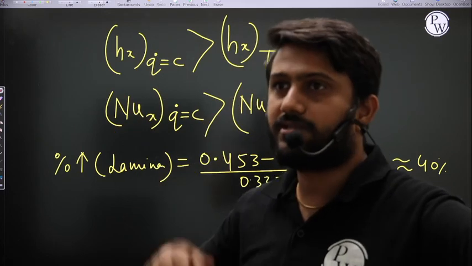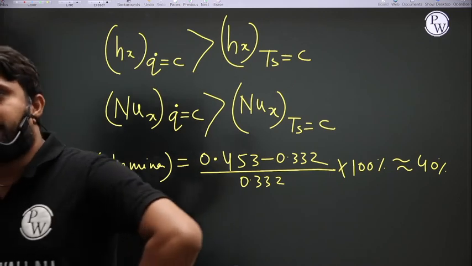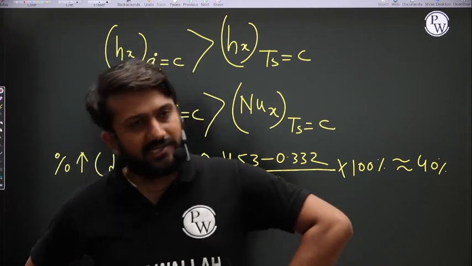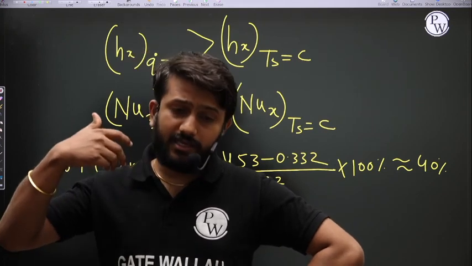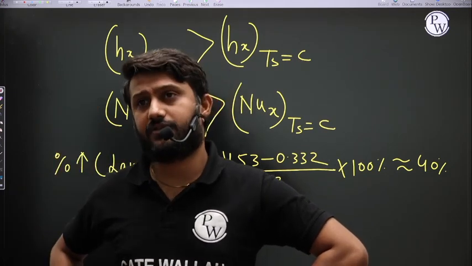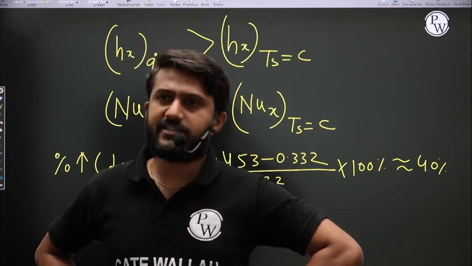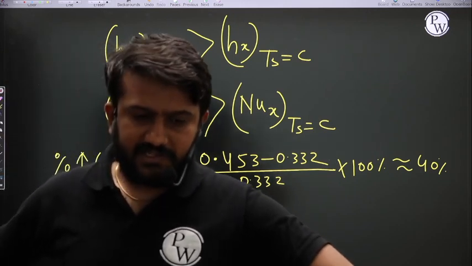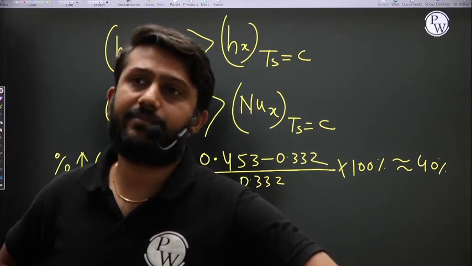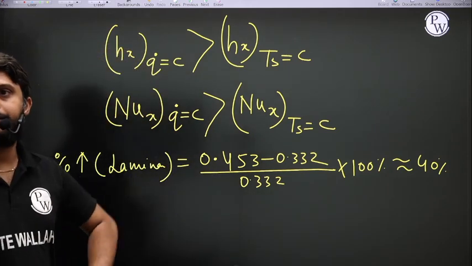Is it clear? Similarly, you can comment on the Nusselt number also, the same 40% increase. Similarly, the convection heat transfer in the constant heat flux case is around 40% more as compared to the constant wall temperature case, if flow is laminar.